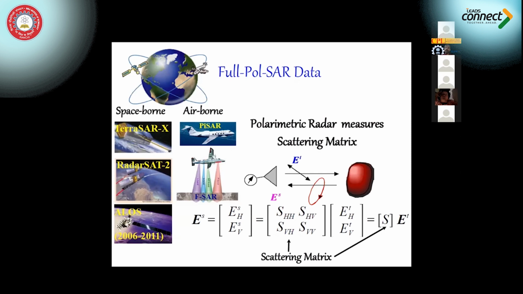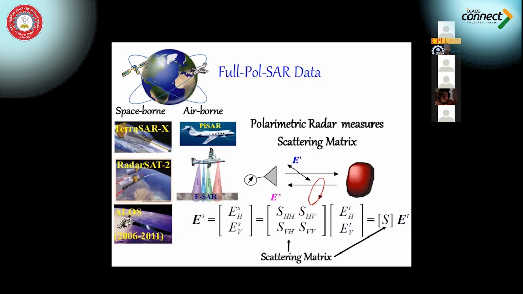Right? So radar generally gives us data in the complex form, A plus iB, and this radar data measures the amplitude and the phase of the signal, whereas from optical we generally get only intensity data. We don't generally have phase information from the optical data.